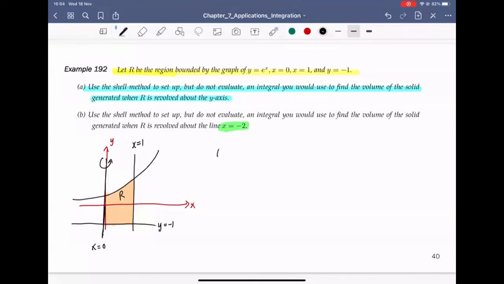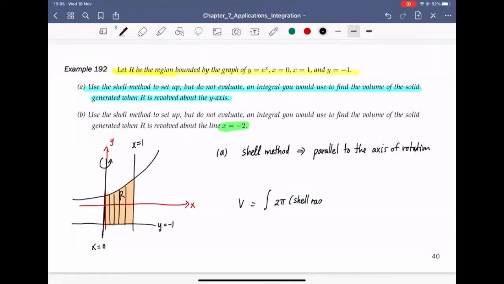Part A, because you want to use the shell method, this means you have to cut parallel to the axis of rotation. That means you have to cut a vertical line, so V is going to be the integral of 2 pi times shell radius times shell height, and then it's going to be dx because you cut a vertical line.